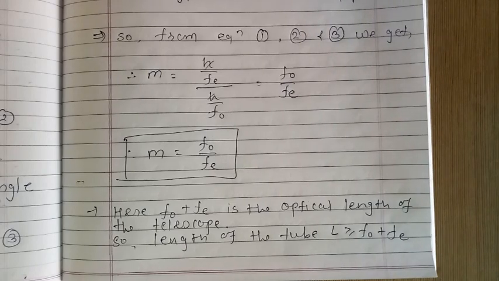Now we discuss the reflecting type of telescope. We already know about the refracting type of telescope, right? In the reflecting type of telescope, a concave mirror is used in place of the objective. The advantage of the reflecting telescope is there is no chromatic aberration in a mirror.